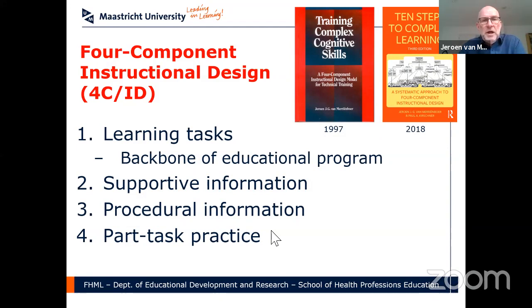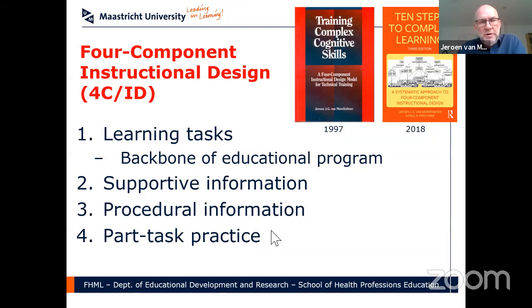Supportive information helps students to perform the non-routine, the problem-solving and reasoning aspects of the learning tasks, while the procedural information helps them to perform the routine aspects of learning tasks, the aspects of learning tasks that are always the same. And finally, the 4th component is called part-task practice. And part-task practice might be necessary to provide additional practice for the routine aspects of learning tasks.